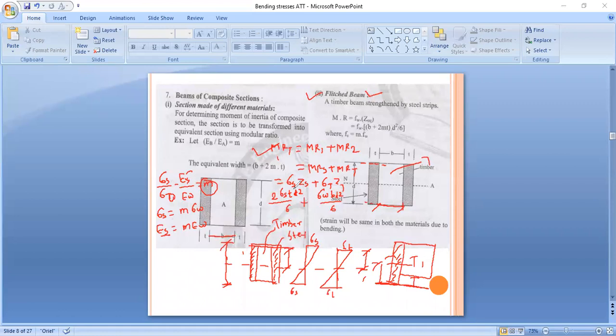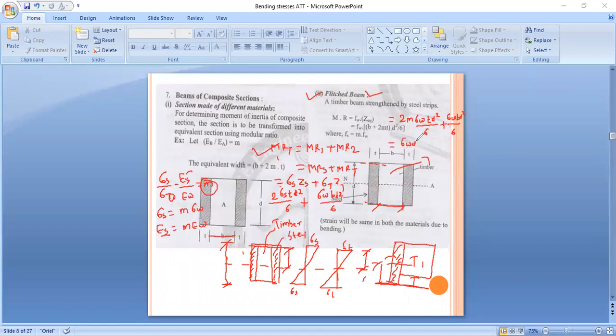Now we will put the value of this sigma s. So 2 into the value of sigma s, which is m into sigma w, into t d square upon 6, plus the remaining part as it is, sigma w b d square upon 6. Now we will take sigma w d square by 6 common.